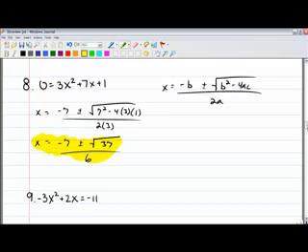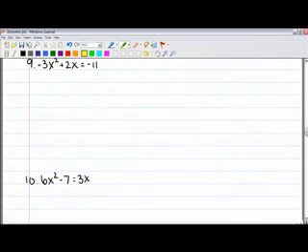Moving on to 9, we first need to get that quadratic equal to 0. So I'm going to go ahead and move everything from left to right just to keep my x squared term positive. You don't have to do it, there's nothing wrong with this if a is a negative number. So let's add.